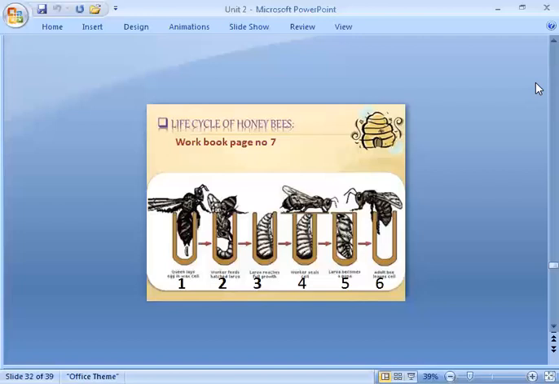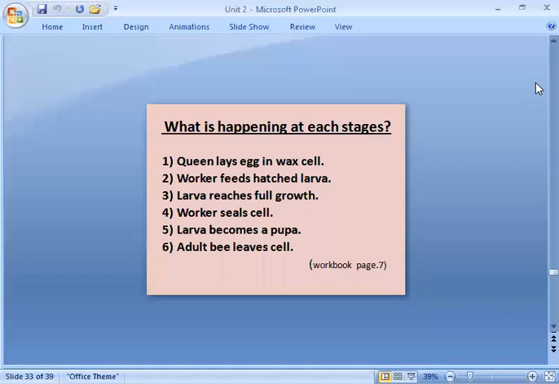Number 4. Worker seals cell. Number 5. Larva becomes a pupa. And number 6. Adult bee leaves cell. What is happening at this stage? Students, this slide will help you to solve your workbook page number 7 to complete the life cycle of honeybee.